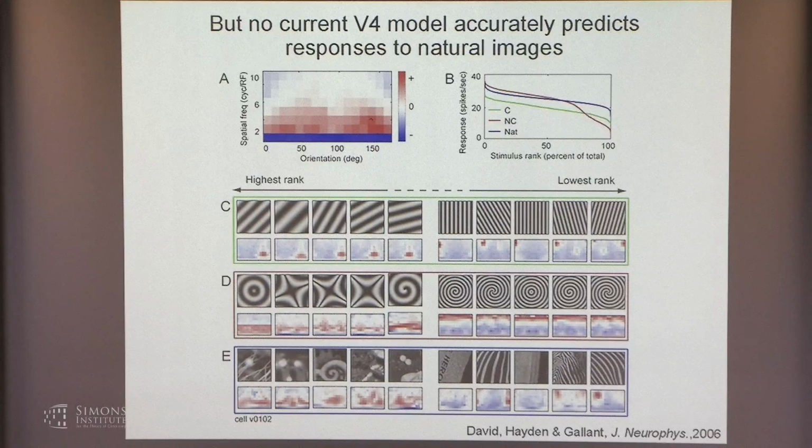And this model, which says that V4 neurons only care about the power spectrum and nothing else, will have a correlation with the responses of, say, 0.2, something like that, really, really bad. So this model is basically useless. It's better than a simple and complex cell model from V1, but barely. So this is very unsatisfying.